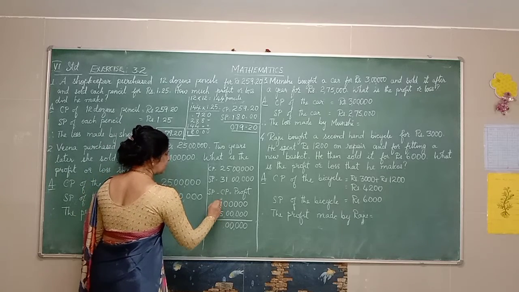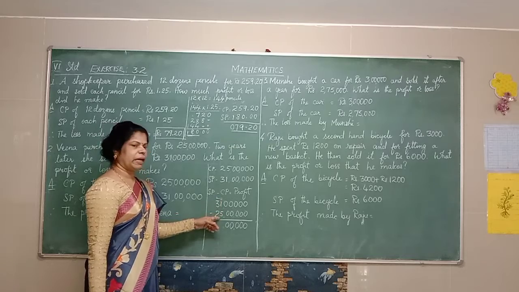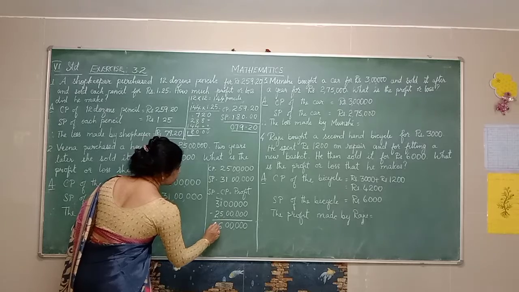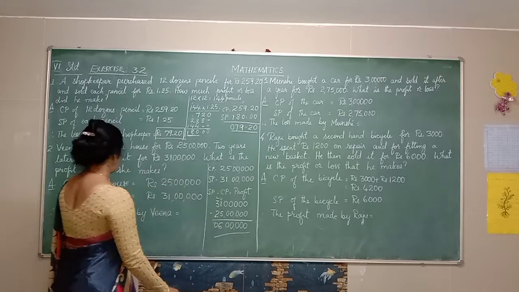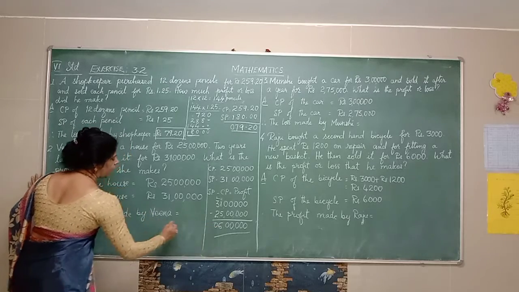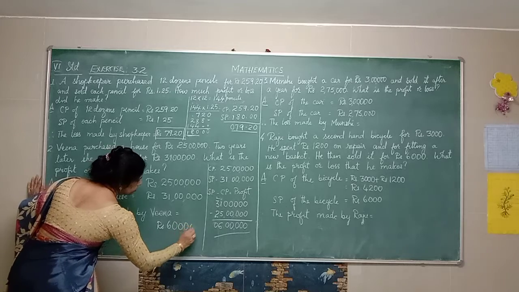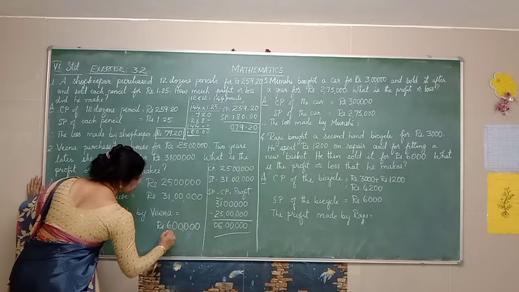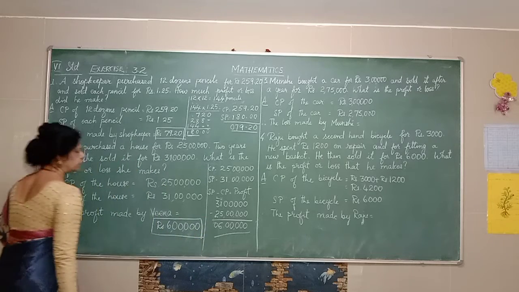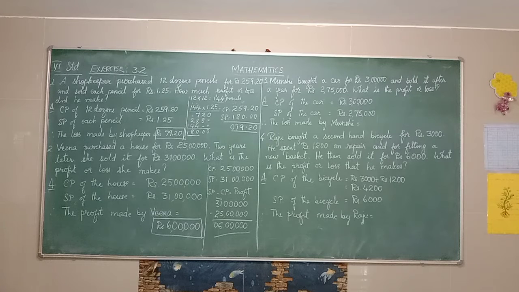This becomes 11, this becomes 2. From 11 if you minus 5, 6. From 2 minus 2, 0. So the profit made by Veena is 6 lakh rupees.